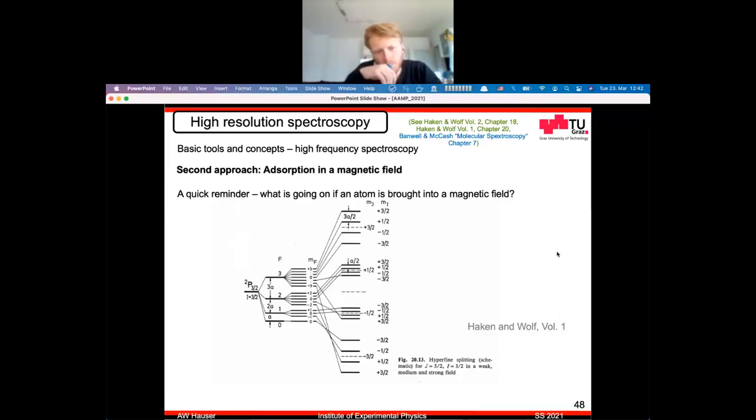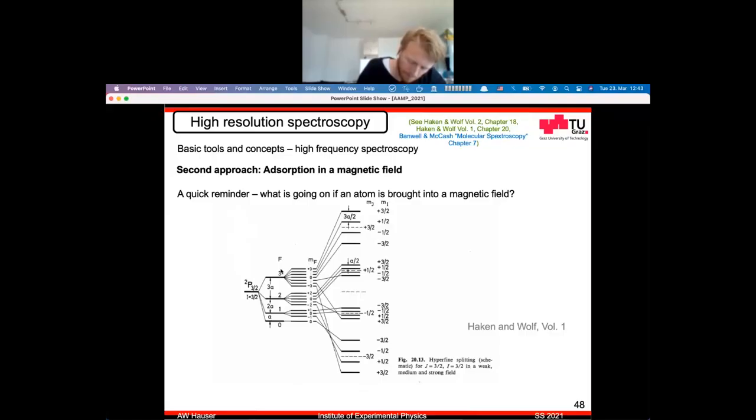aligned. And then we put this now into a magnetic field. So you can see what's coming up. If you go into a magnetic field, then each of the F components splits into its formerly degenerate MF levels, right? Because if we don't have a magnetic field, it doesn't matter how F is oriented with respect to our laboratory axis.